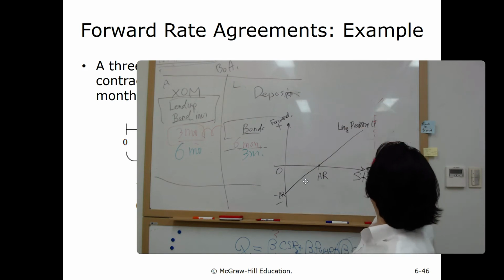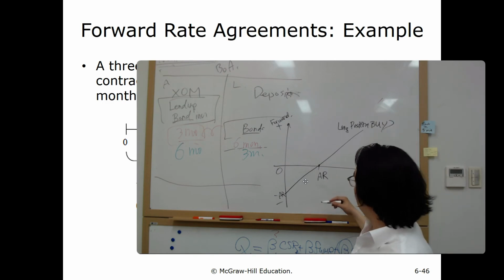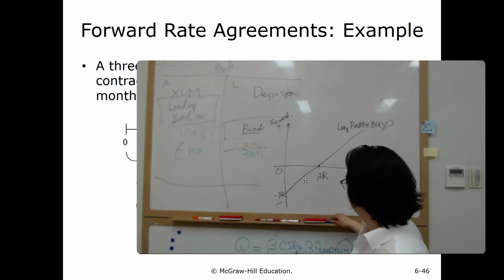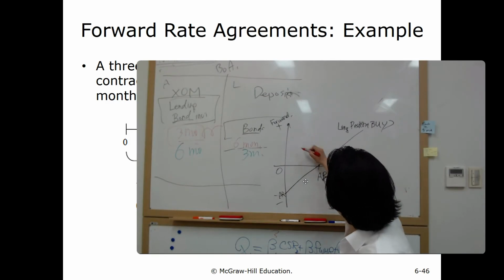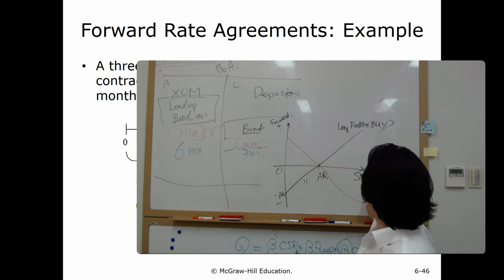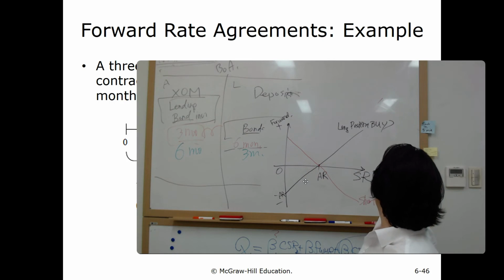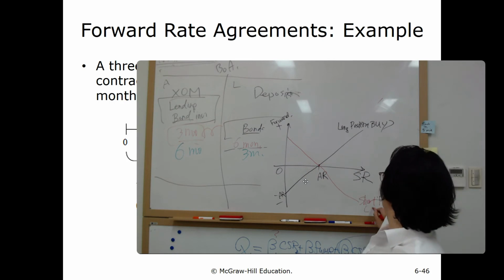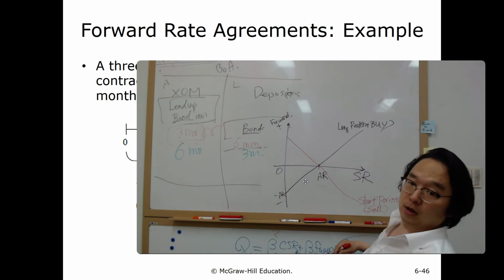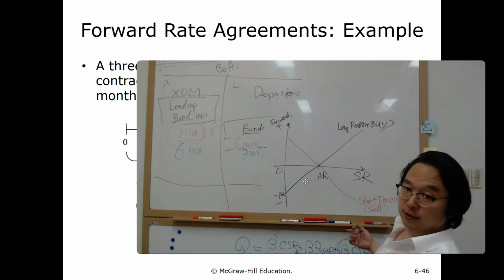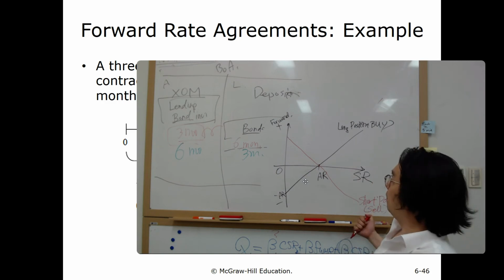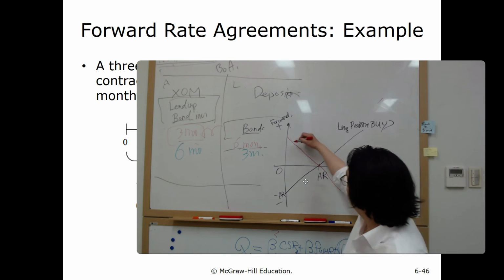Buy. And for the short position, or seller of the forward contract, their profit and loss diagram looks like this, a negative 45 degrees line.